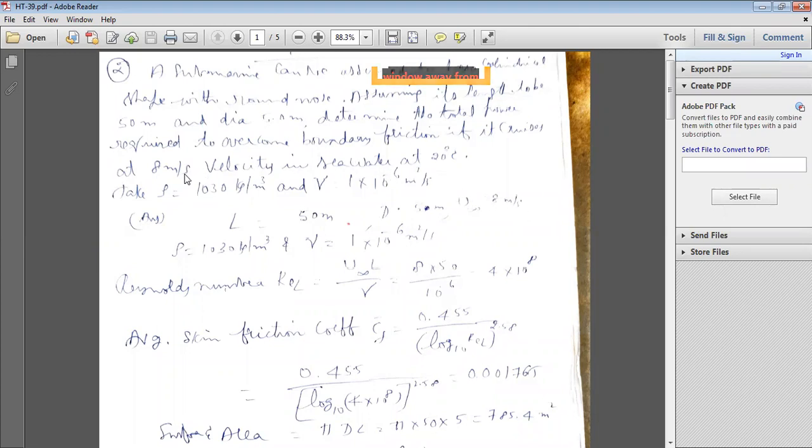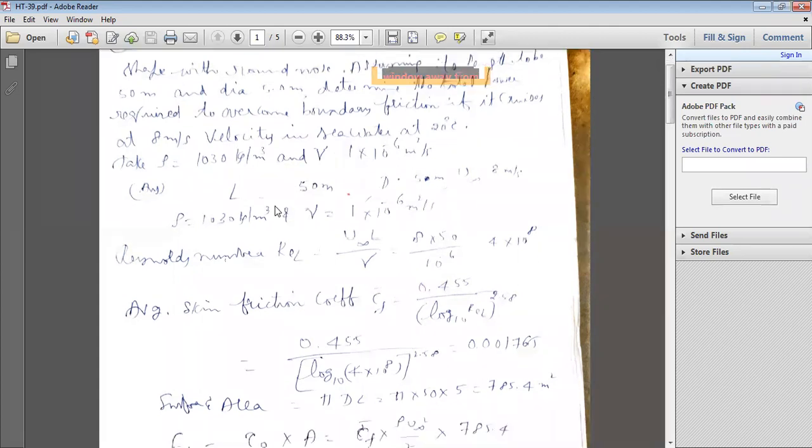The temperature of the seawater is 20 degrees centigrade, the density of the seawater is 1030 kg per meter cube, and the kinematic viscosity nu is 1 into 10 power minus 6 meter square per second. That is the given data.